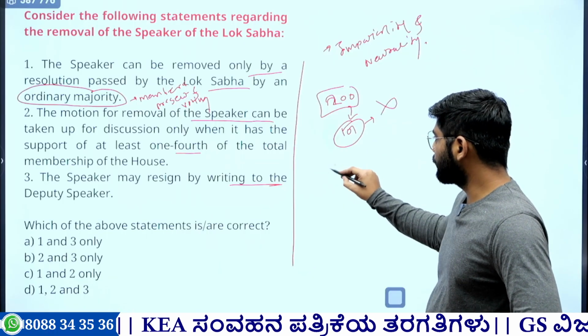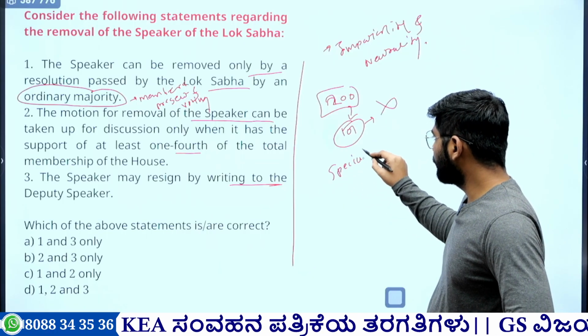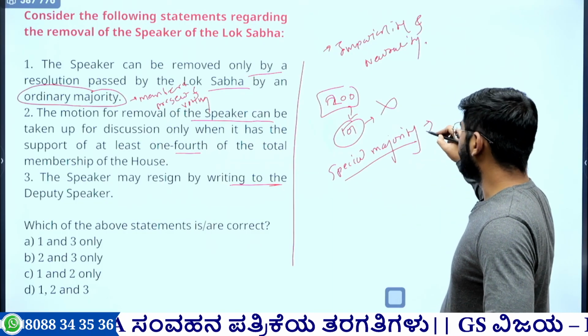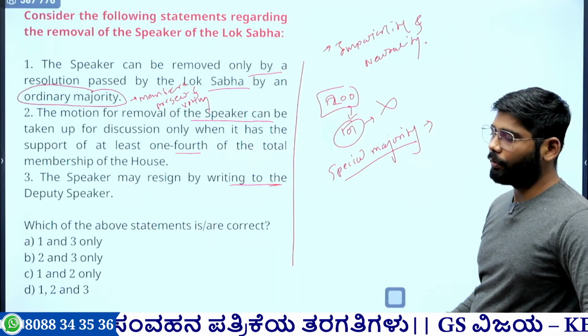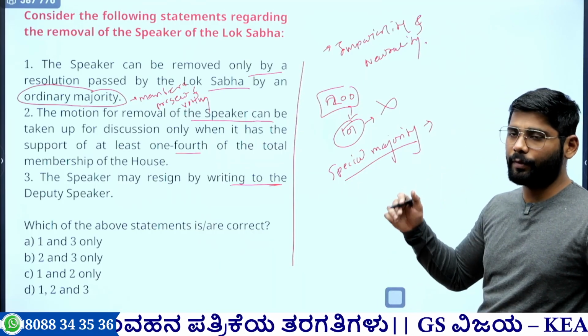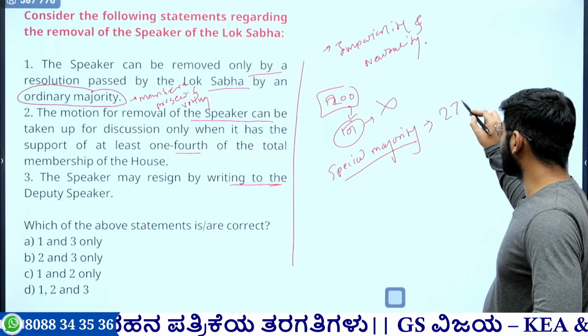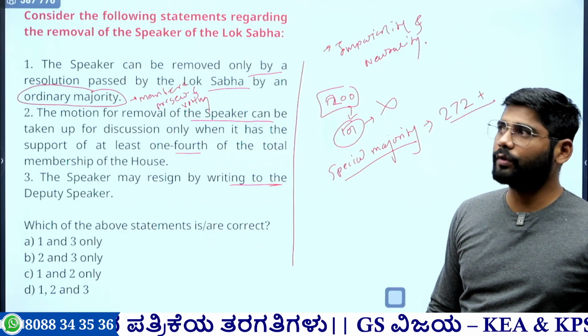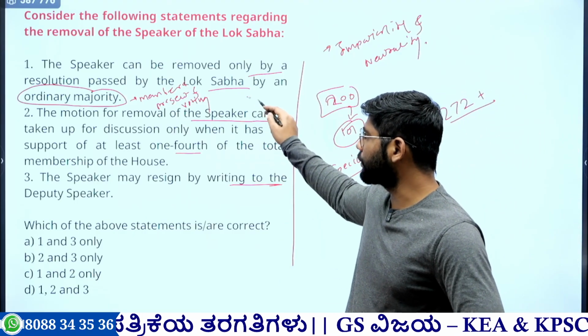No, because we need a special majority. Special majority means a majority of the membership of the House, which means we need 272 plus votes in favor of the resolution to remove the Speaker. So the first statement is wrong.